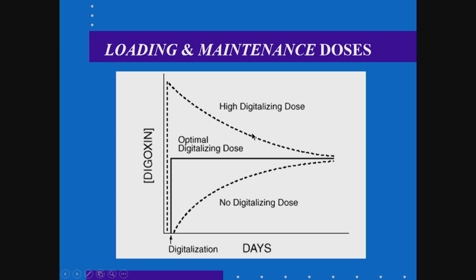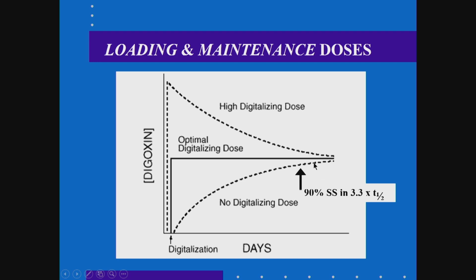Over a period of time, the concentration that will be achieved at the plateau or when steady state is achieved is the same. So this illustrates the fact that the loading dose does not determine what the concentration is going to be at steady state.